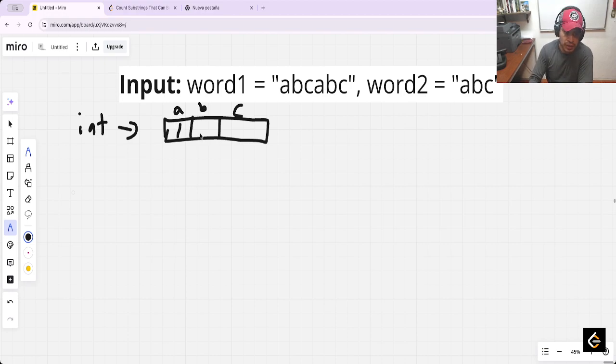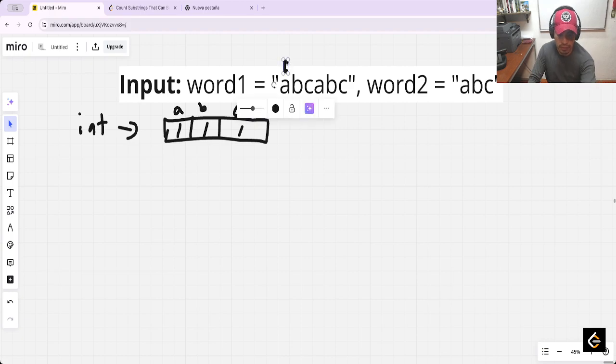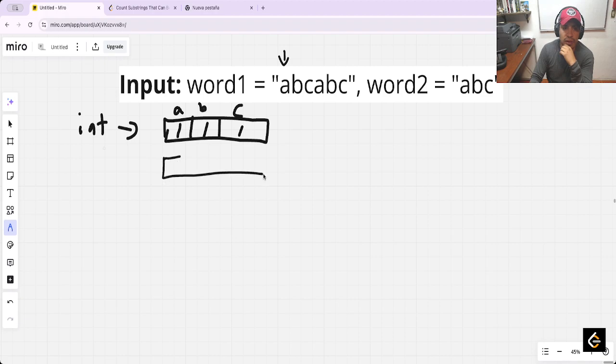A appears one time. Start here, and it's okay. It's the letter, remove it. Or have a copy of this word.